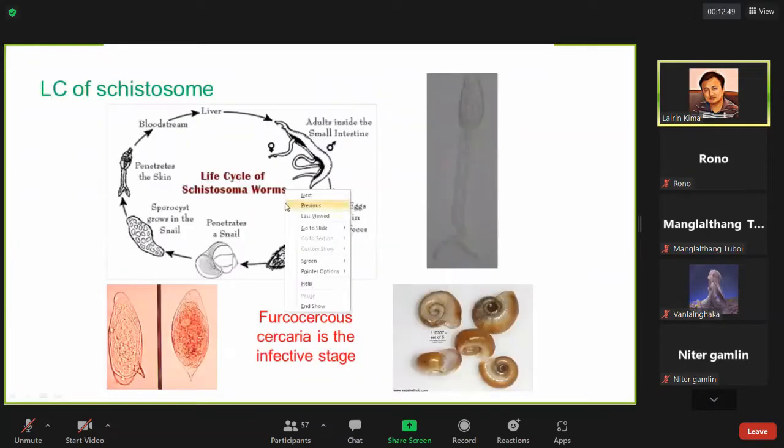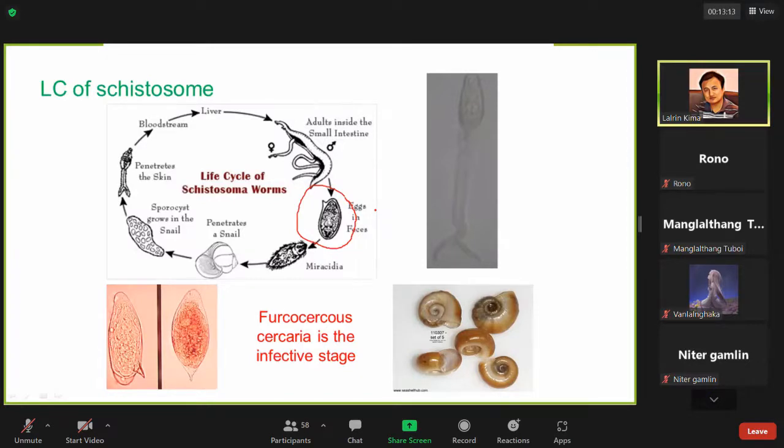But in the case of Schistosoma, the egg which is laid is ready to hatch, and the moment it comes in contact with water, it will hatch. Why is it so? Because the egg contains a fully developed miracidium, which is ready to hatch.